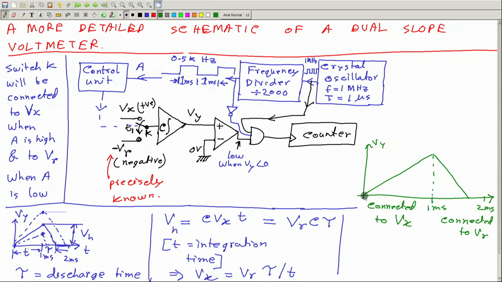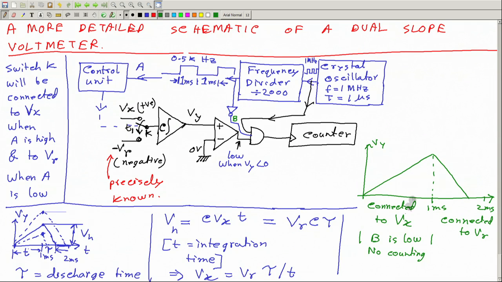Okay, now in this region, let me call this signal B. In this part, B is low. So the counter doesn't count, no counting, because B is low in this part.